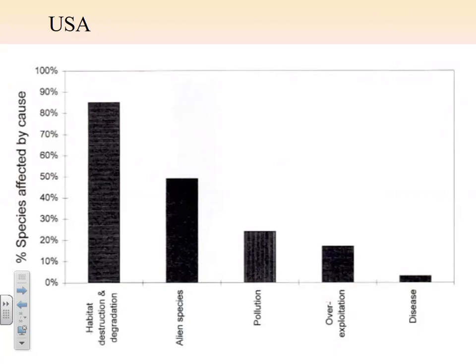Almost half of all species have some type of invasive species affecting them, the alien species or invasive species or introduced species or exotic species. Then you have, this is actually pretty low, I think that's a good thing, about a quarter of all species in the United States affected by pollution, overexploitation, and then a little bit on disease there.